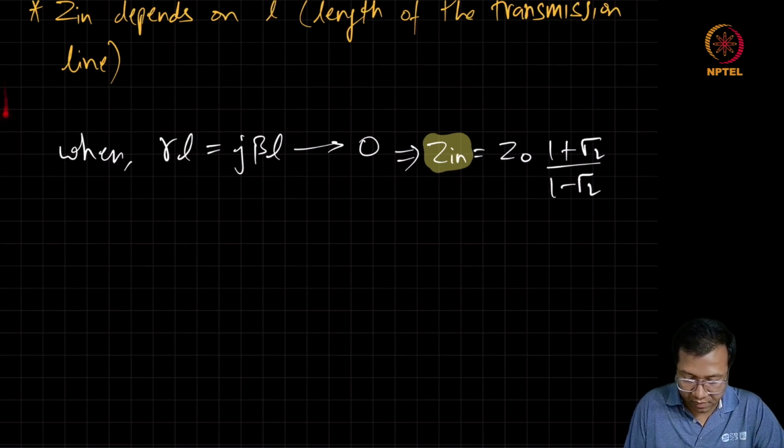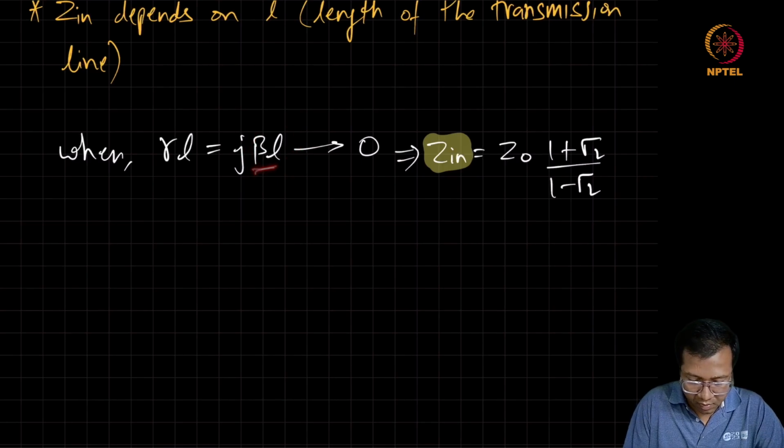We can see that this beta L is nothing but the actual phase shift added by the transmission line in the path of either the forward traveling wave or the negative direction traveling wave.